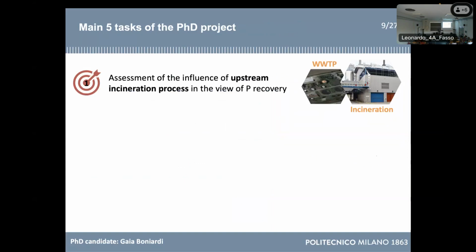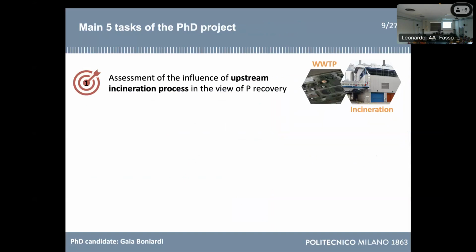Let's move now to the 5 tasks of my PhD project. So the first task is related to the assessment of the influence of the upstream variables, which are, for instance, the type of chemical method we use at the wastewater treatment plant.